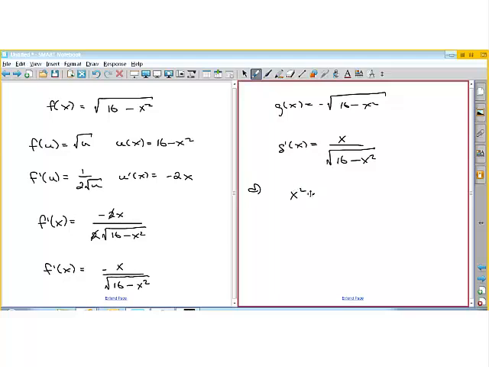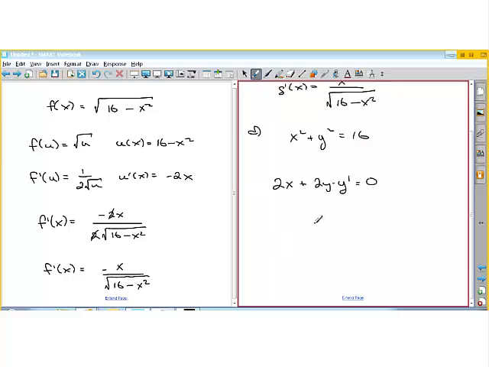Part D is where we use implicit differentiation. We have x squared plus y squared equals 16. When we differentiate that, we get 2x plus 2y y prime equals 0. Solving for y prime, you get negative 2x divided by 2y, and the 2's cancel out, giving negative x over y.